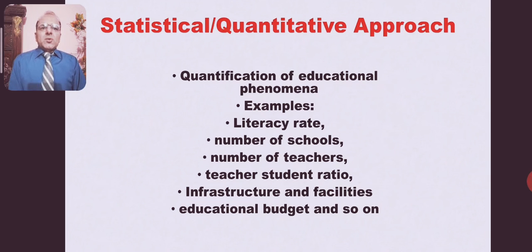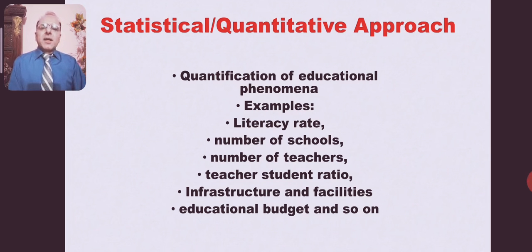The statistical or quantitative approach, as the very name suggests, is based on the quantification of educational phenomena. For example, comparison of literacy rates across countries. Similarly, the number of schools in different areas of countries, inside one country or in different continents. The number of teachers, the teacher-student ratio, the infrastructure and facilities available in one context or another.